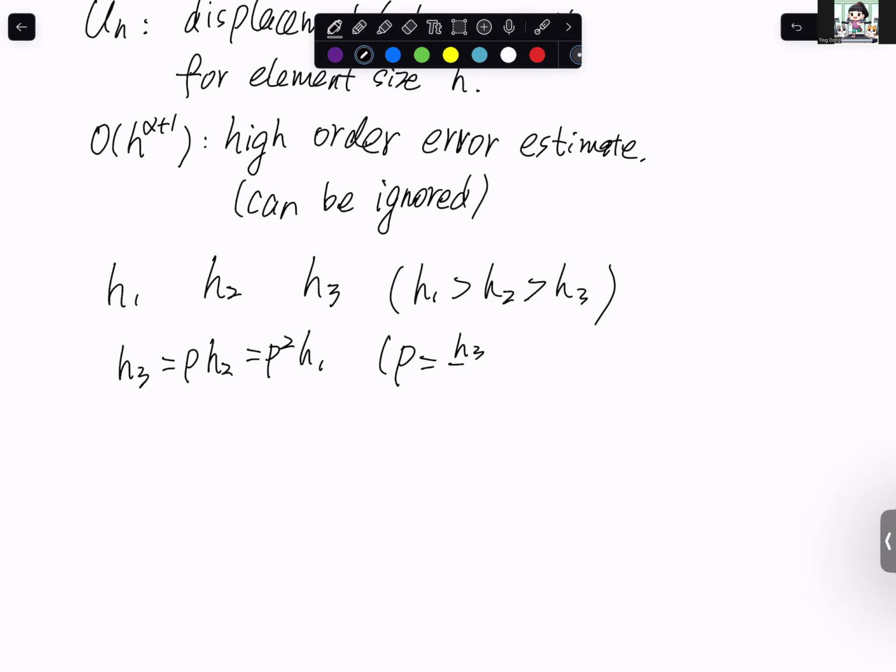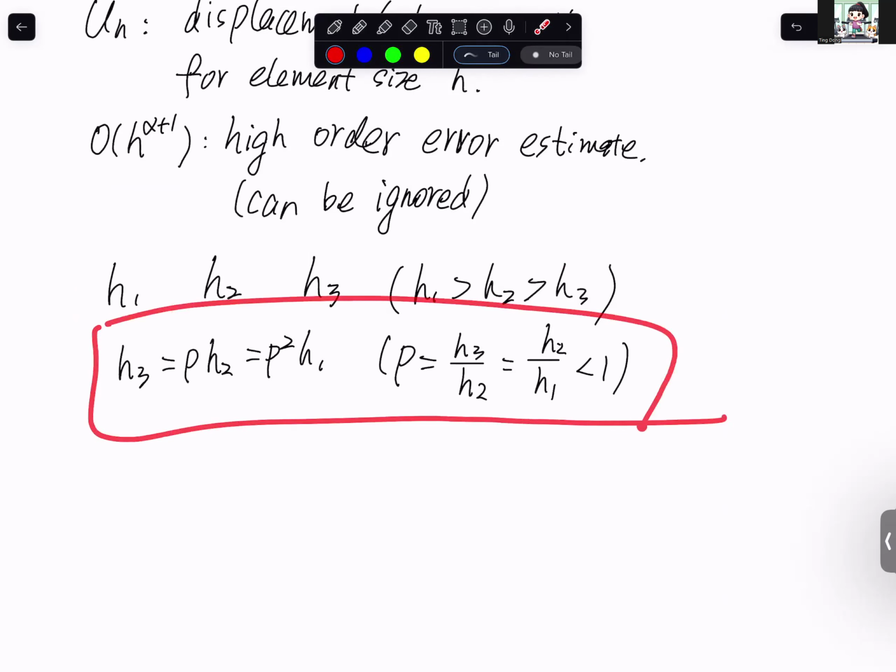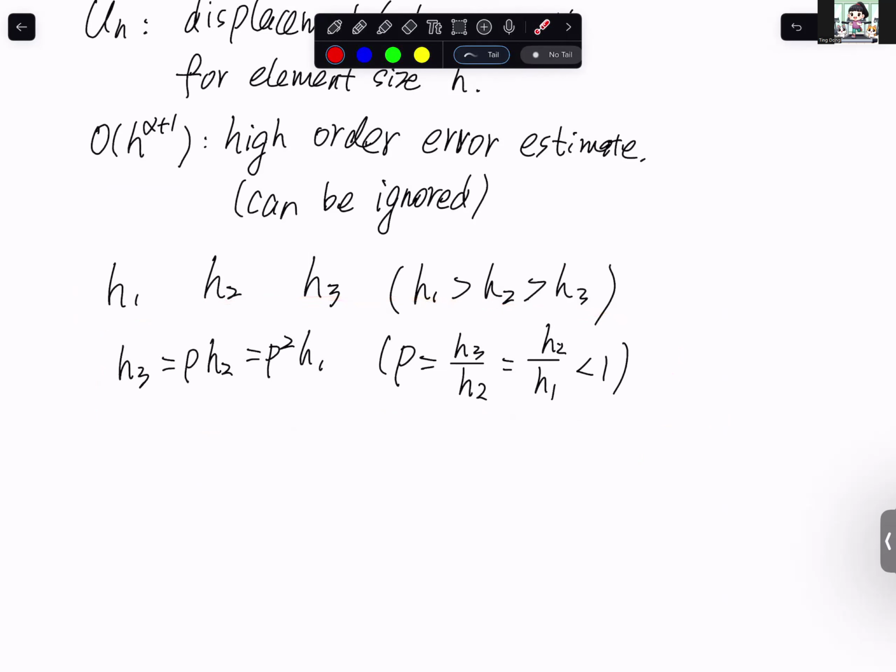It is equal to H3 over H2, which equals H2 over H1. Most of the time we do it this way to simplify our calculation, but of course you can do a convergence study where H3 over H2 is not equal to H2 over H1. It's perfectly fine. It just takes more time to do the calculation.